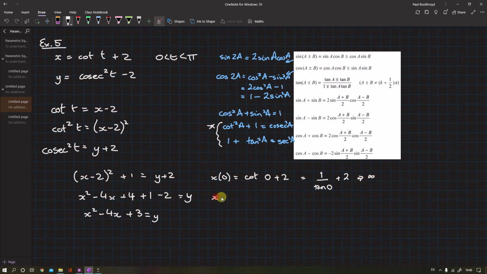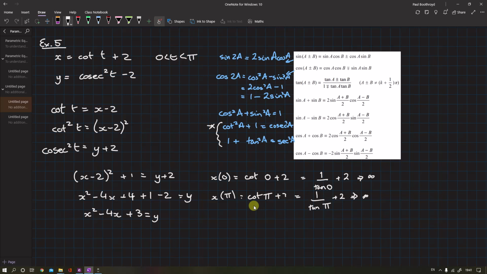And try when it's pi, which is 1 over tan pi plus 2. Tan of pi gives us another 0, which leads to another infinity.